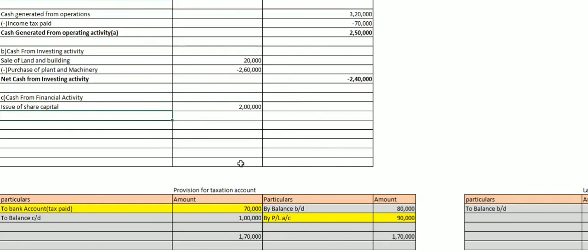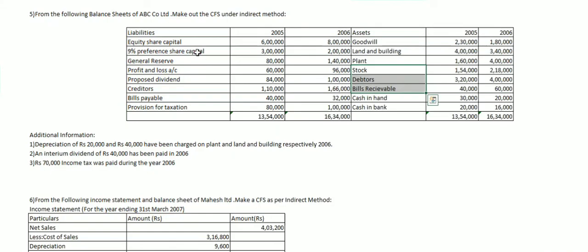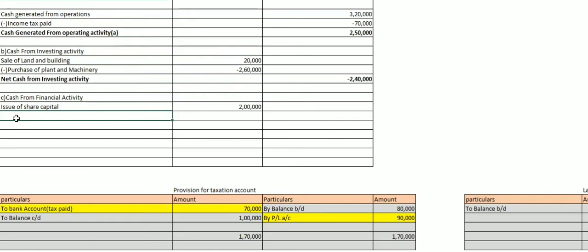Then if you see preference share capital, it has decreased, which means redemption, so minus the preference share capital.